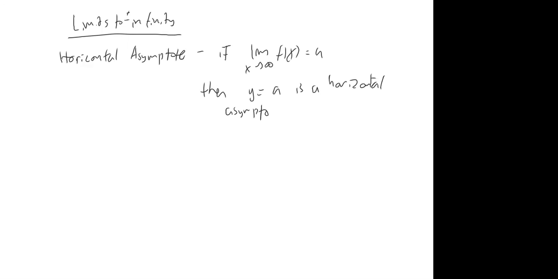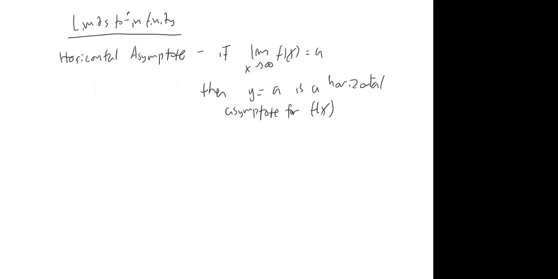If the limit as x goes to infinity of f of x is a, then y equals a is a horizontal asymptote for f of x.